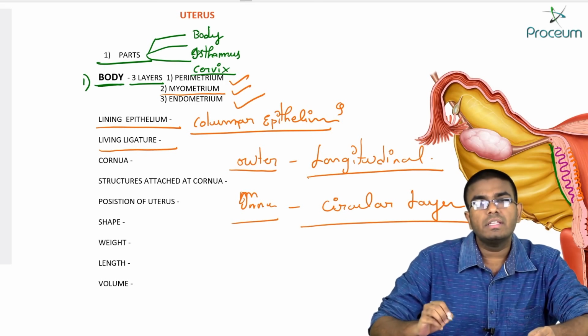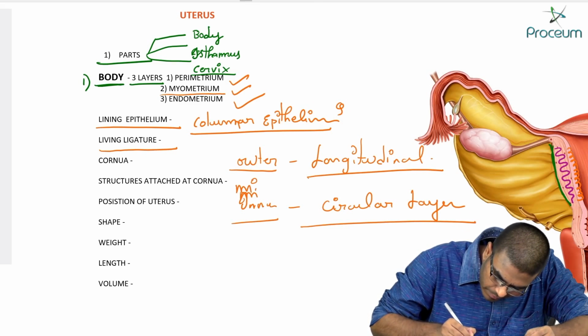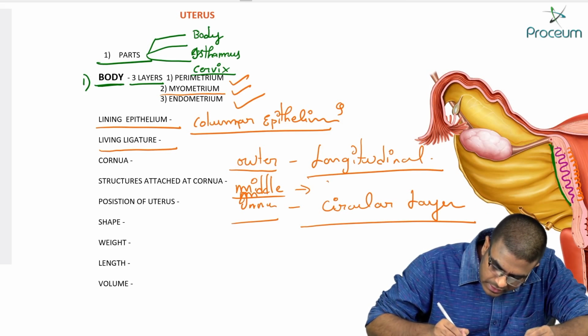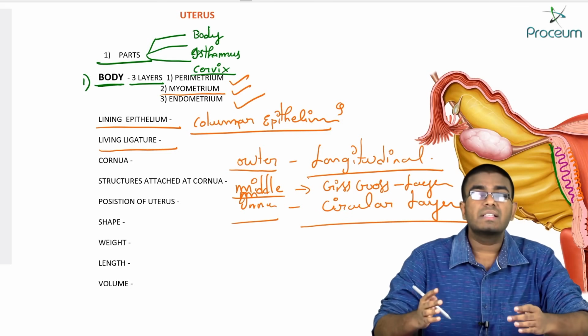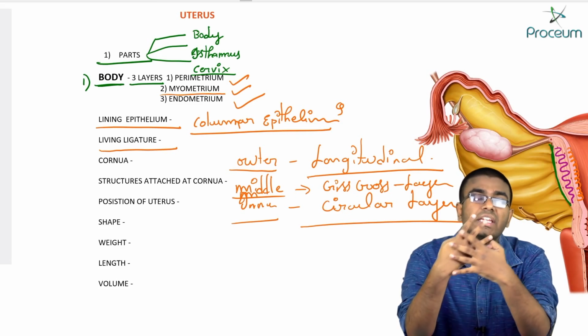But in between these two, longitudinal and circular, there is one more layer in the middle, which is a crisscross layer. The muscle fibers are interlacing, crisscrossing each other.